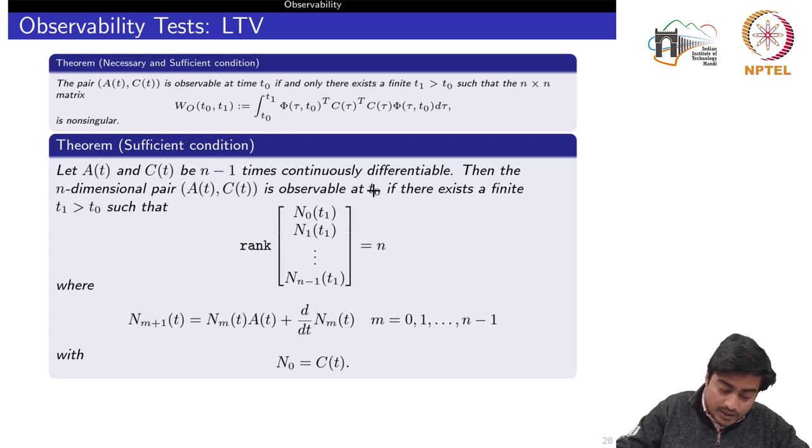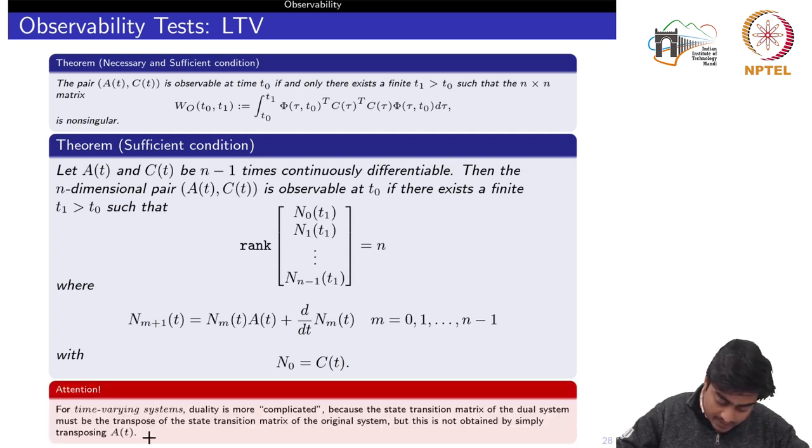So now, instead of ensuring the non-singularity of this observability Gramian, we compute the matrices M_k for k from 0 to n minus 1, and then compute the rank. This is how you can compute the matrices. This is only a sufficient condition, but not a necessary condition.